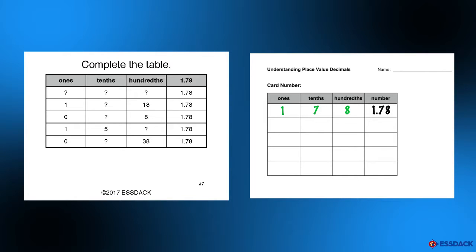Okay, so I'm still making the 1 and 78 hundredths, which if I'm thinking about money again, I can think about this one because it's now $1.78. And it shows me on the card I have 38 in the hundredths place, so that's like 38 pennies. But I don't have any of the ones, so I don't have any dollar bills. So I've got to make the rest of this with dimes, or the tenths place.